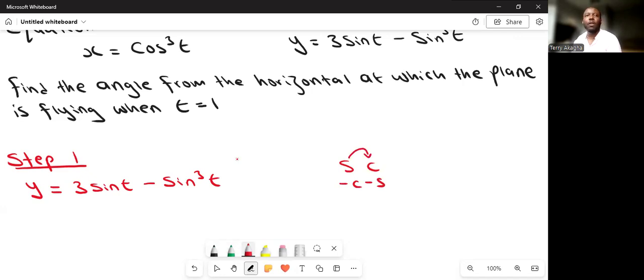If you've not watched my video on how to differentiate trigonometry, this is a good time to do that. So dy over dt will be 3 cos t, minus the derivative of sine cubed t, for which we have to apply the chain rule.